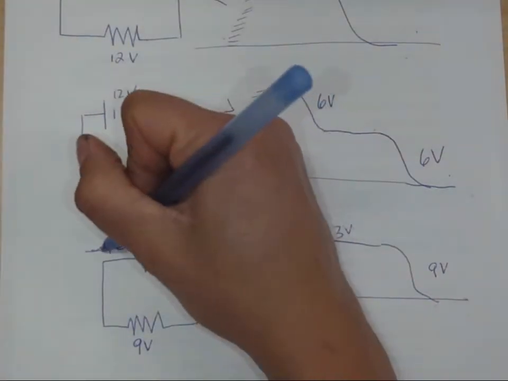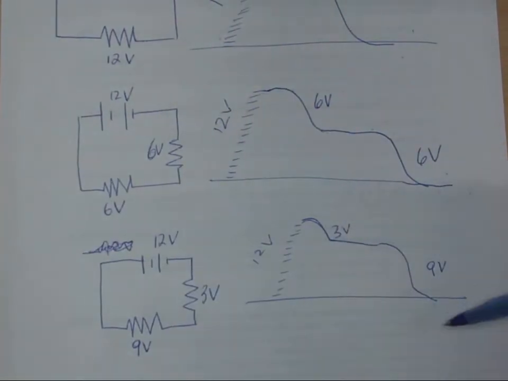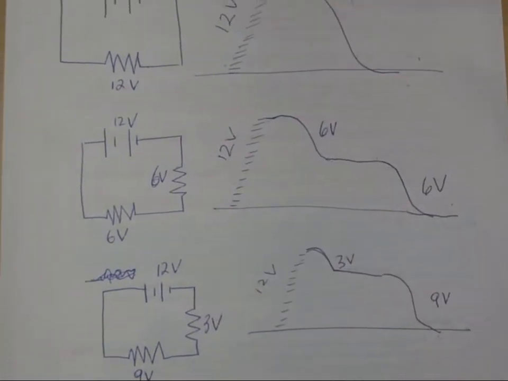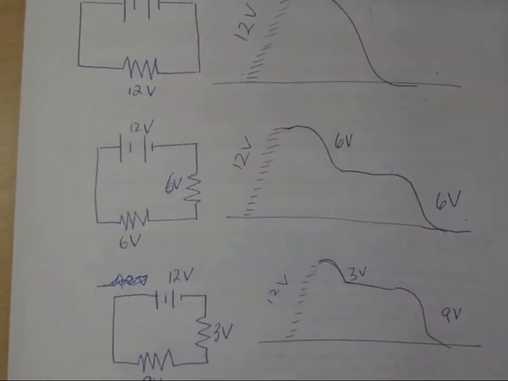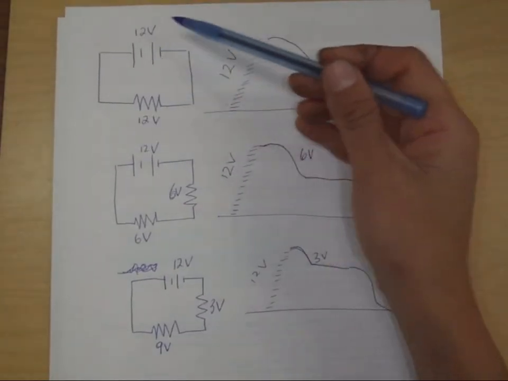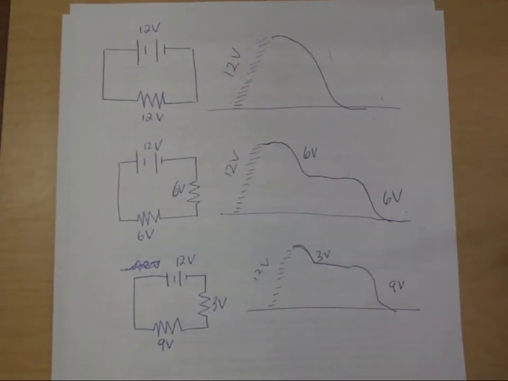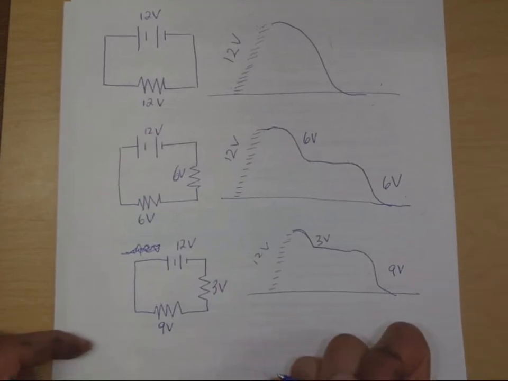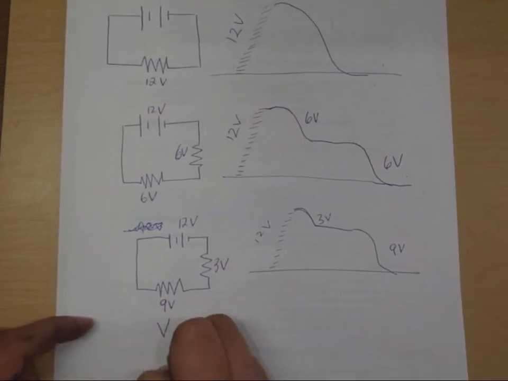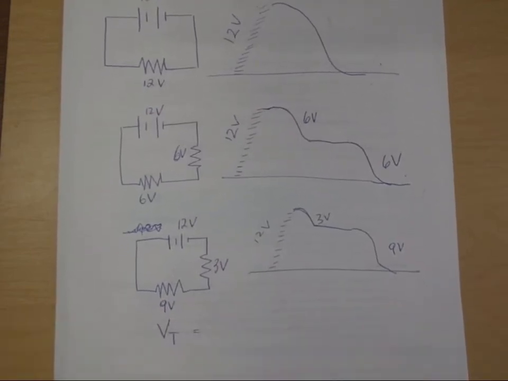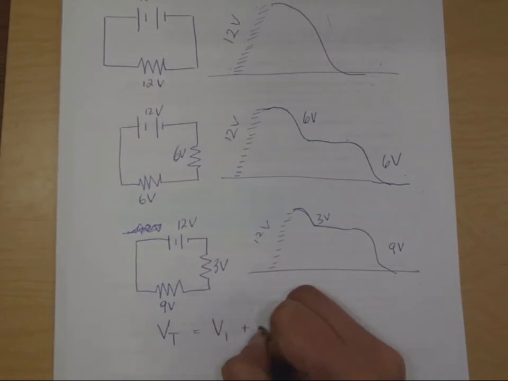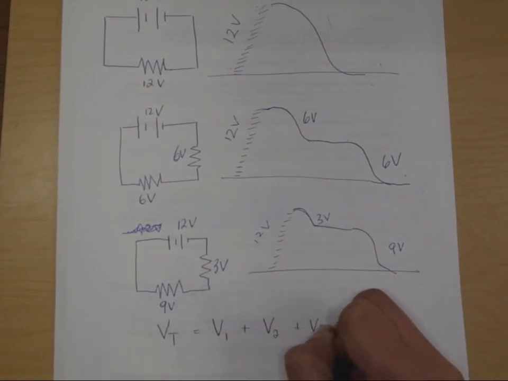So when we have circuits in series, the voltage from our power source must equal the total voltage drop of each of our resistors. Okay? So another way to say that is our total voltage equals our voltage across all of the resistors.